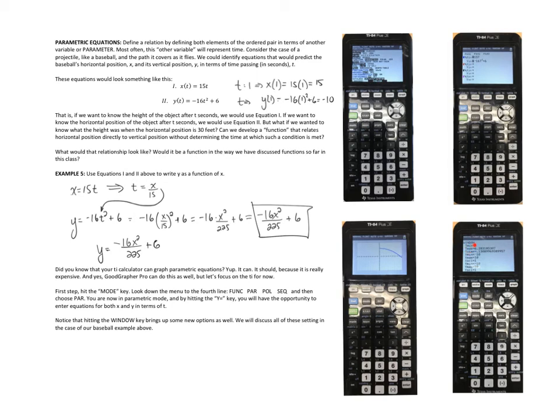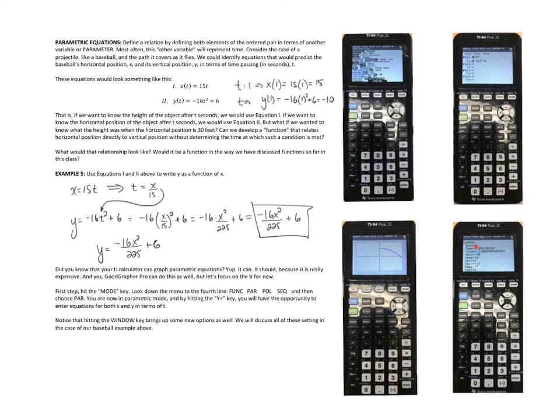And that is telling you what time values are being plugged into this thing. And it kind of defaults to a T-min of 0, because if you think of time being what T is representing, having a negative time value really doesn't make a whole lot of sense, because you can't go back in time. But if you start at T equals 0 and then go on to, again, the default mode is 6.28, which you might recognize as 2 pi.